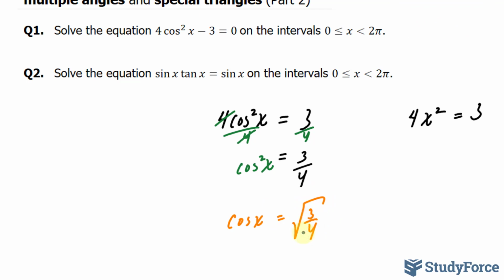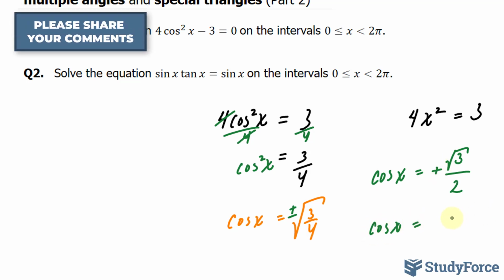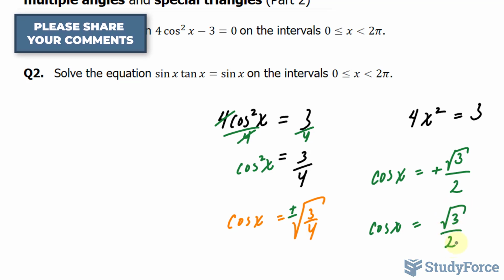Square rooting a positive number will give you a plus and minus version of that number. So we have cosine x is equal to the square root of 3 over the square root of 4, that's 2. This will be plus, and cosine x is equal to the square root of 3 over 2, and this will be minus.